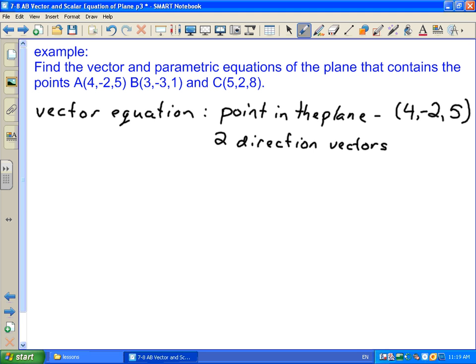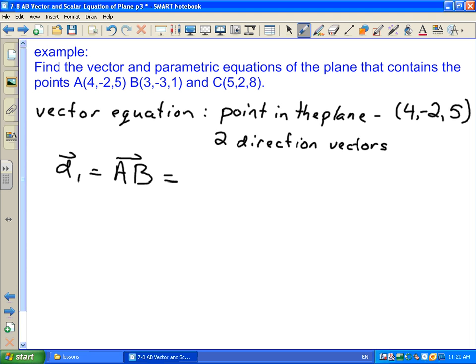Now we want our 2 direction vectors, which again, they have to be vectors that are in the plane. Well, we can get our direction vectors just by going between any of these points that we're given. So for instance, one of our direction vectors, I'll call this D1, we could just use the vector AB.